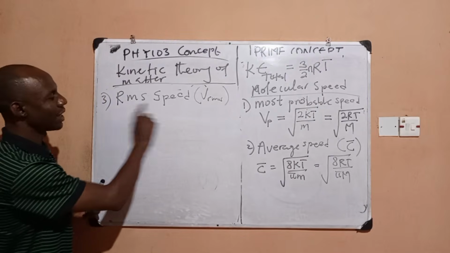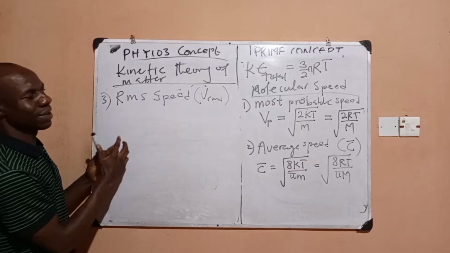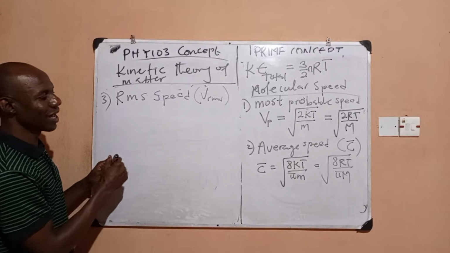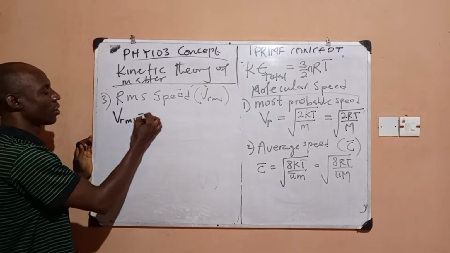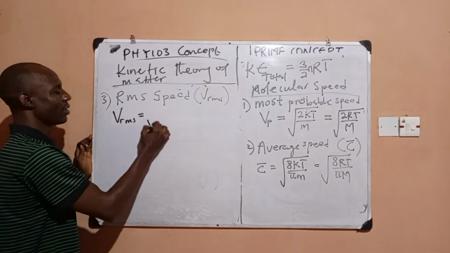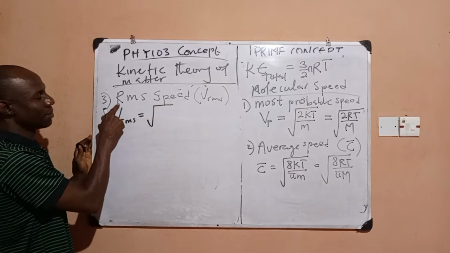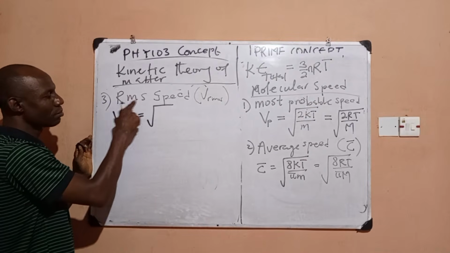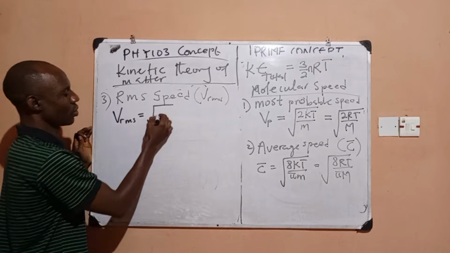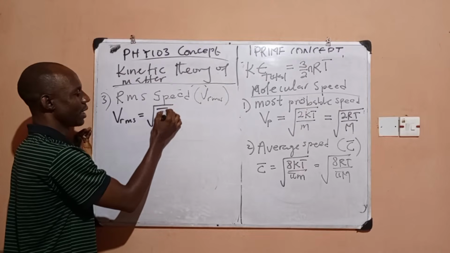RMS speed is the third kind of molecular speed, and it is usually denoted as VRMS, or sometimes you denote it differently, because RMS means root mean square. So this is root, this is mean, and this is square.